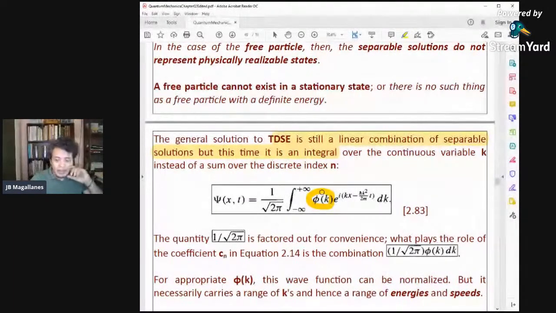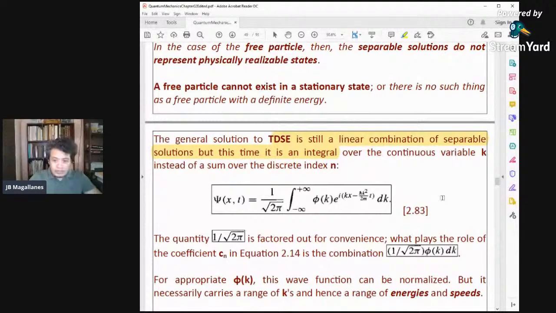Here, the free particle is allowed to have continuous energy, so the contributions would also be continuous. K can have a continuous value, not discrete. You cannot have n equals 1, 2, 3 for free particles.